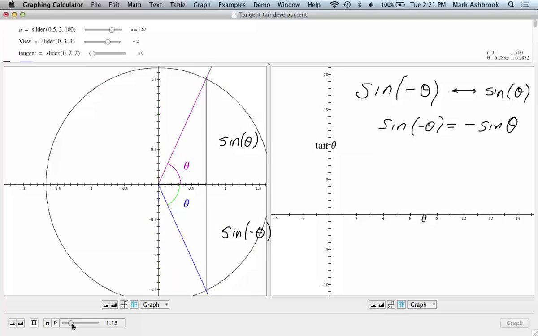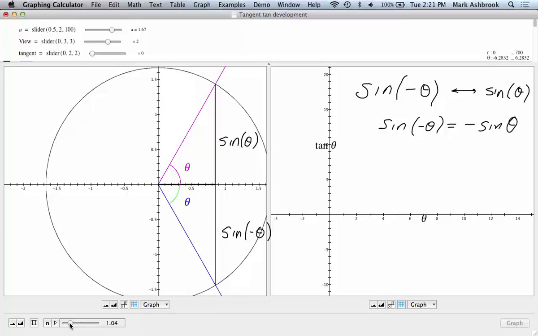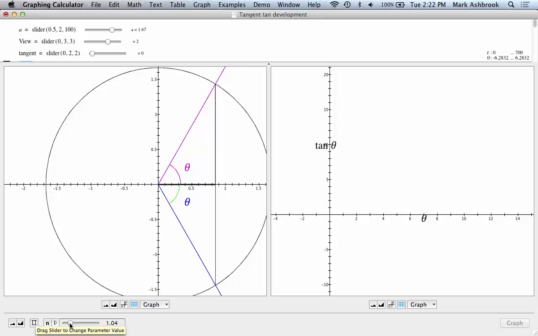All right, what about cosine of the opposite of theta? Where in this picture right now is cosine of theta represented? Jared, can you describe to me where cosine of theta is represented? Distance to the right of the vertical diameter.